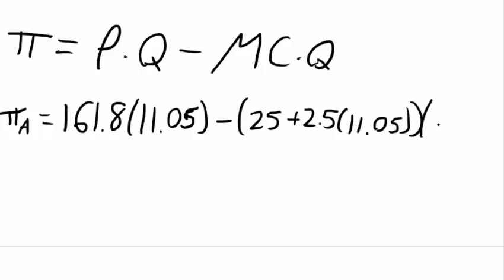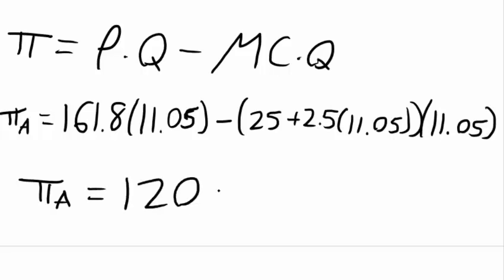And then our marginal cost is multiplied by our quantity of 11.05. And if we plug that into a calculator, we get a profit for firm A to equal 1,206.38.